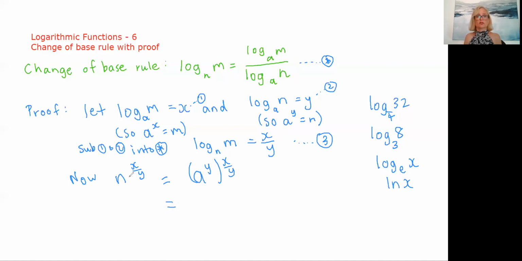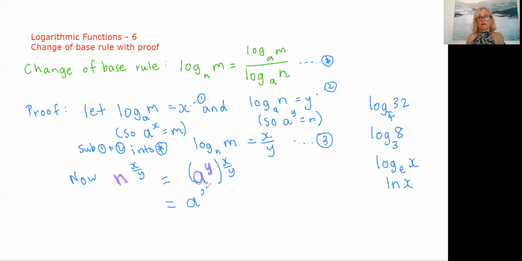Just saying that again, I've replaced n by a to the y. Okay. Now, we know with index laws that if you have a power of a power, we multiply the indices. y times x on y is just x.